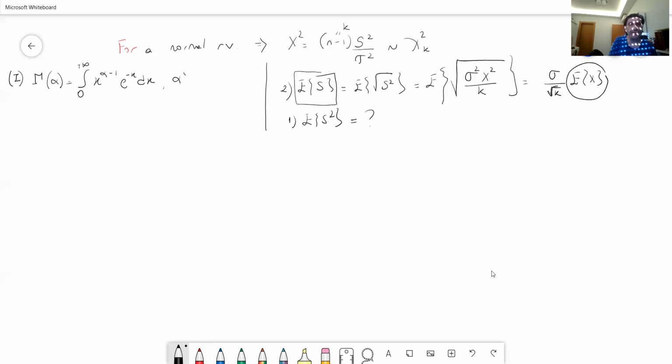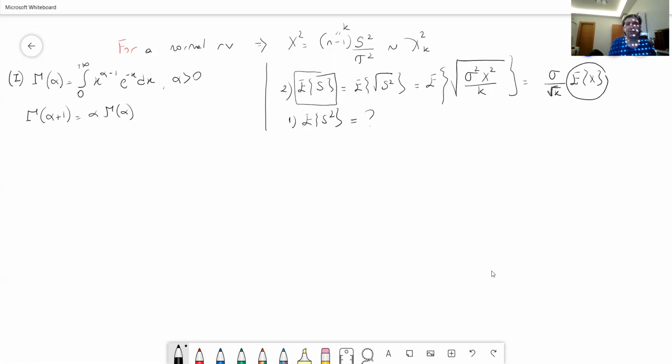And here alpha is going to be greater than 0. This right-hand side is called a gamma function, and you are going to find the gamma function of alpha by giving any values of alpha greater than 0. Now, if you perform this integration, what you end up with will be this relation.